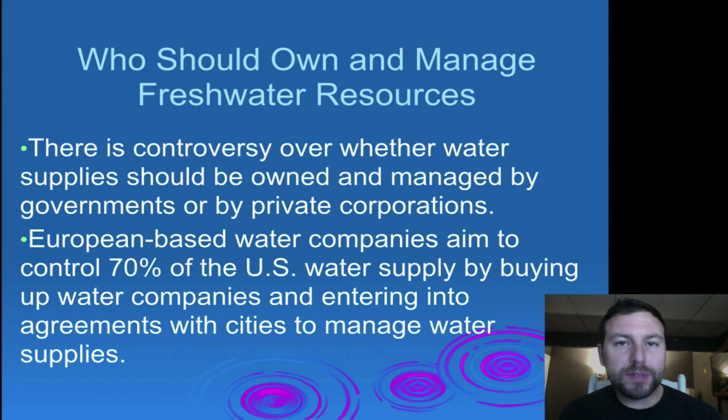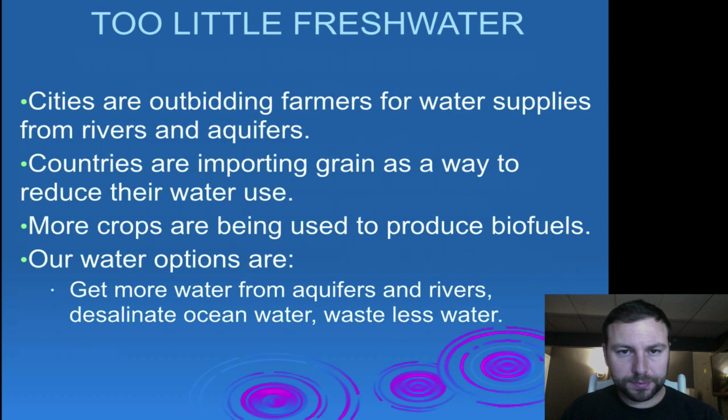The argument for privatization is that these companies work on being more efficient. But what may happen is they might be able to drive prices up because of that. So there's a little bit of an issue there, and it's definitely quite a big debate. So what we do see, though, is with agriculture, this is where our biggest problems with freshwater.